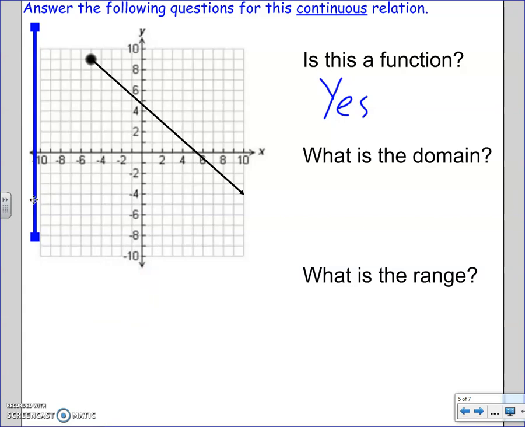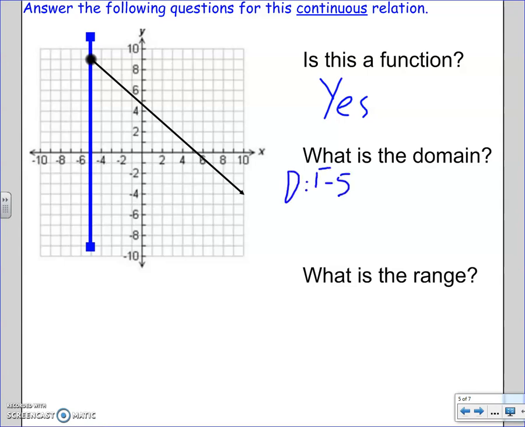Anyways, what's the domain? Now there are lots of x values used, so here we have to say left to right. How far left does this graph go? Well, there is no point at -7 something, no point at -6 something, but -5 is how far left the picture goes. So I'll say the domain is to the left, -5, closed because it counts. How far right does it go? This graph keeps going right, and there's an arrow right there. It goes on forever, all the way to infinity.